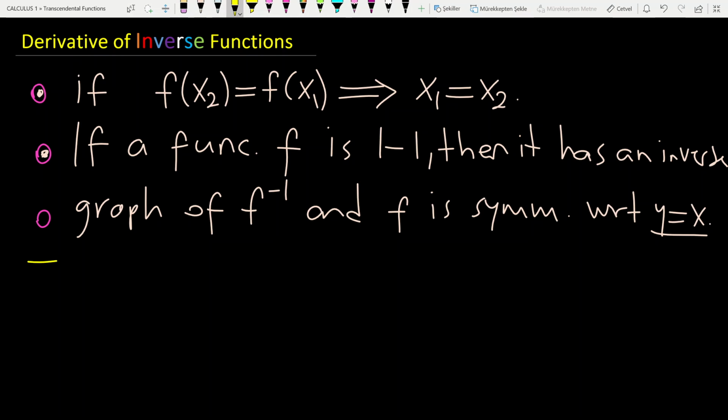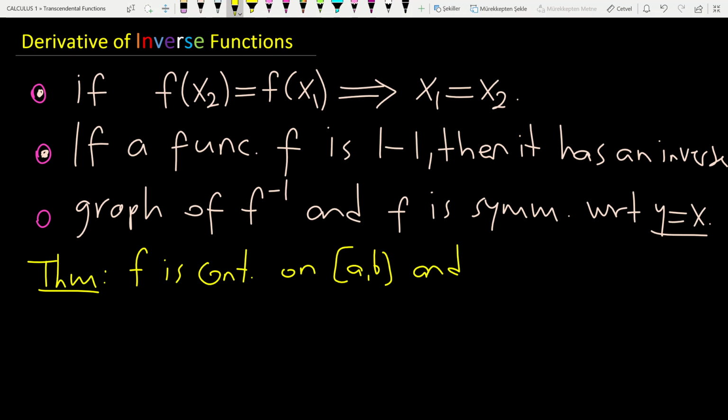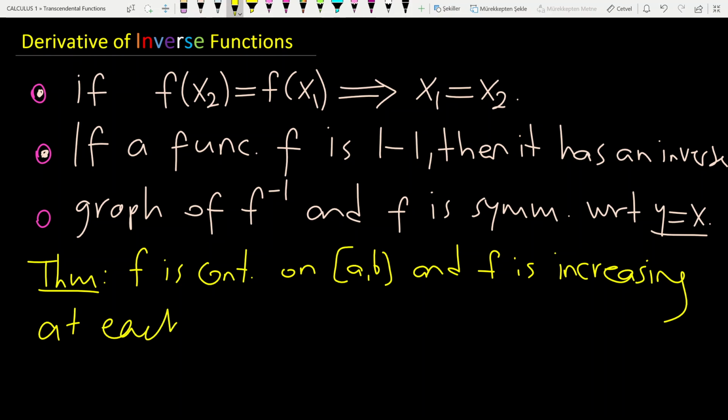The theorem says that suppose f is a continuous function on the closed interval AB, and also suppose that f is increasing at each point of the open interval AB.